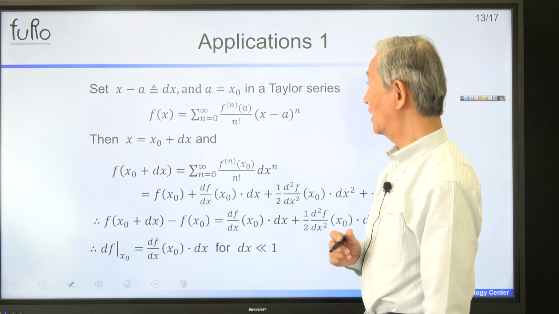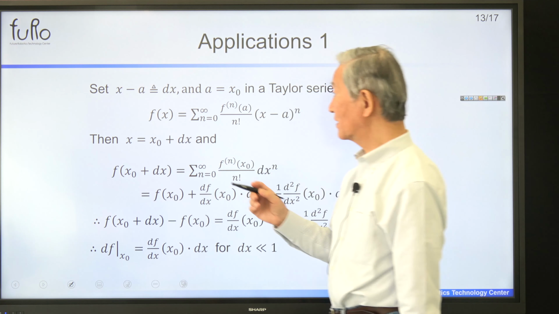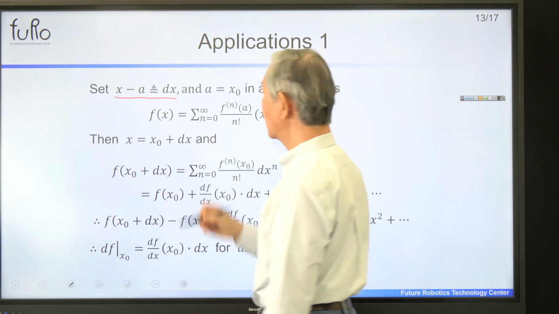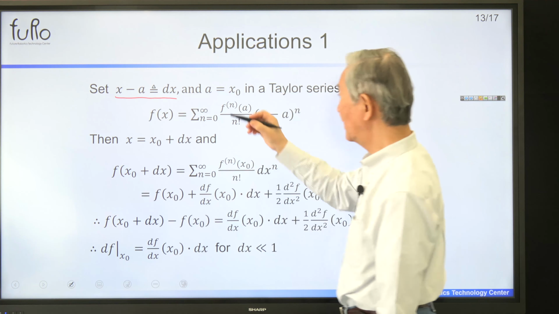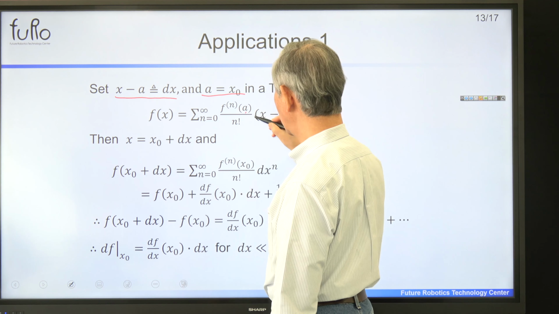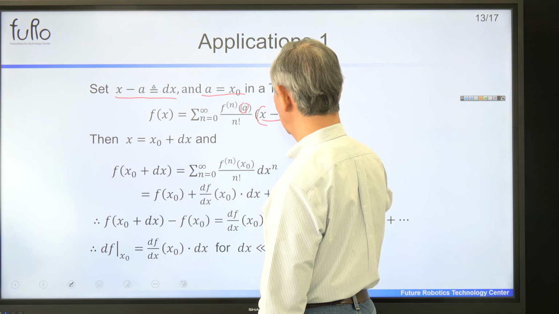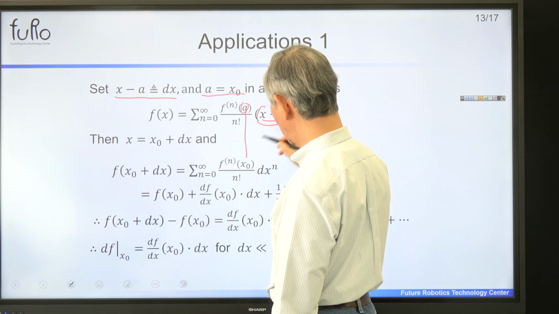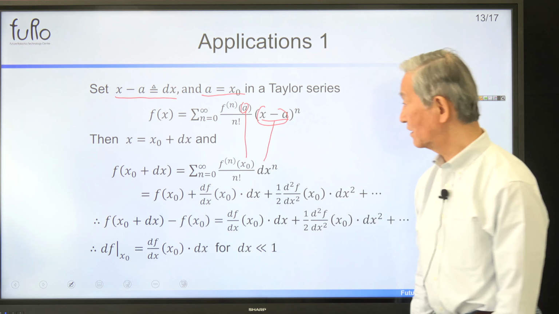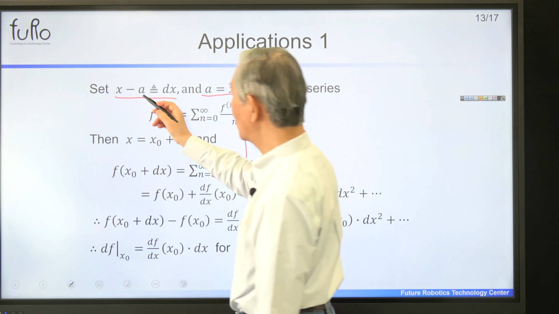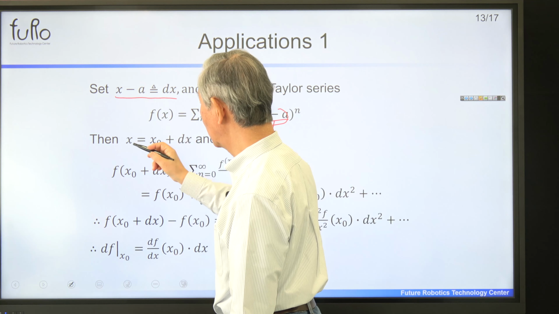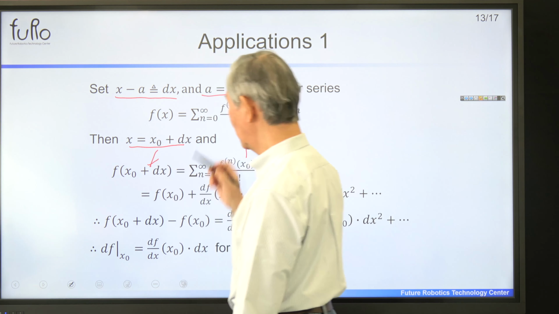Applications. This is the first application. Well, let's set x minus a equal to dx and a equal to x0. So those a's and x minus a's you can replace by x0 and dx. And because if we define this, then x becomes that. So that becomes this.